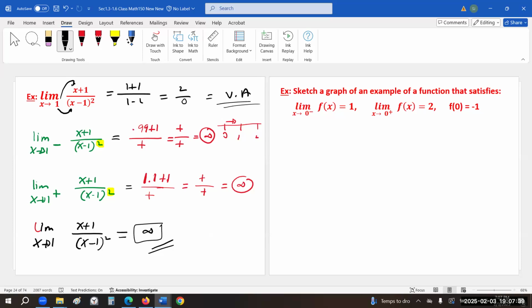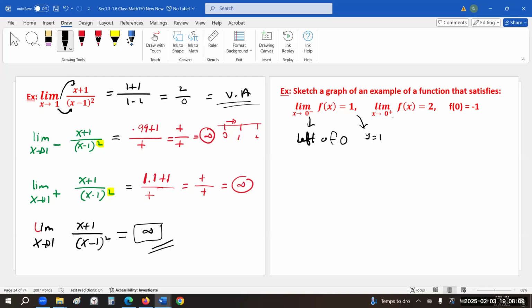No? Then here's a fun question, try doing it by yourself. Find a function. You don't have to write down the function, you can sketch a graph. Sketch a graph of a function with these three scenarios. When you walk to 0 from the left side, your y value is 1.